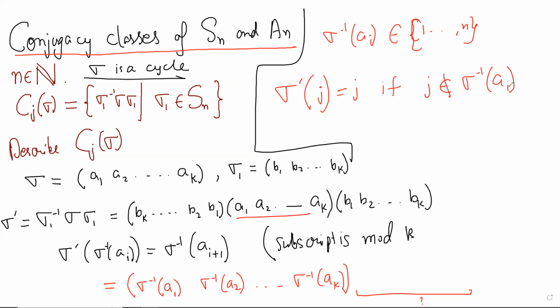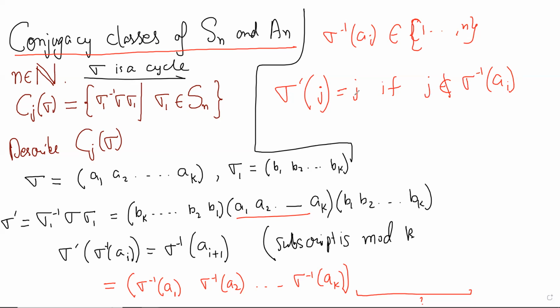Do you people get my point? I need to still show this, that other elements it fixes. Otherwise, how do I know? So this I will leave for you for homework, or let's try it. Let's do it.